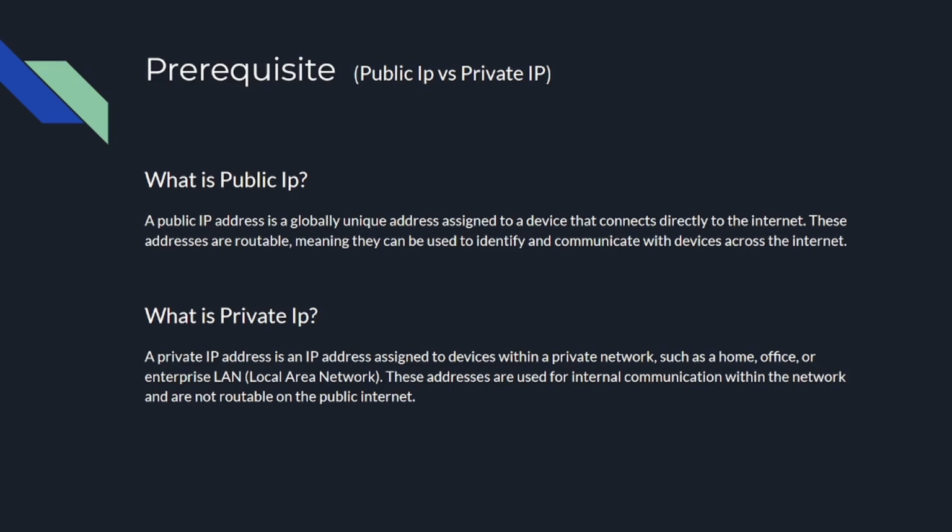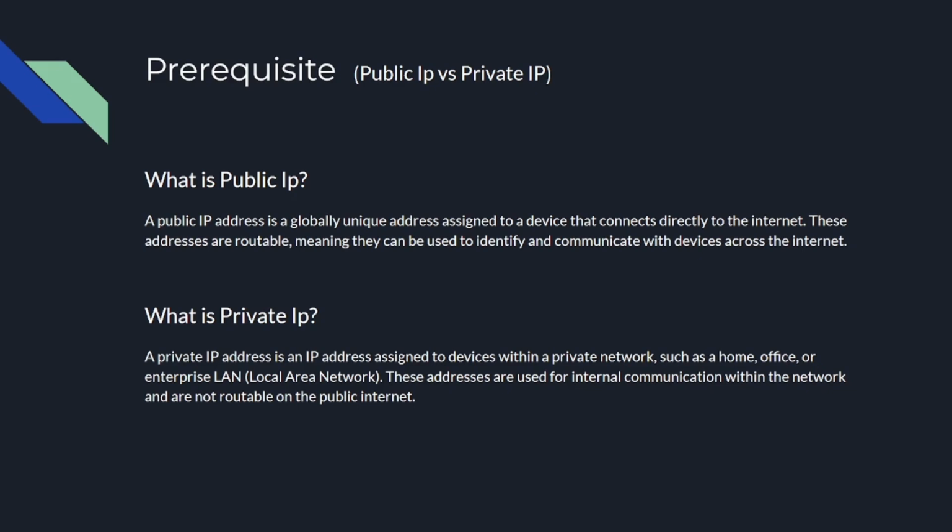These addresses are routable, meaning they can be used to identify and communicate with devices across the internet. What it means is that each device connected to the internet contains a unique ID. By that unique ID, we can identify that this is a certain device, and we can send or receive data from that device.